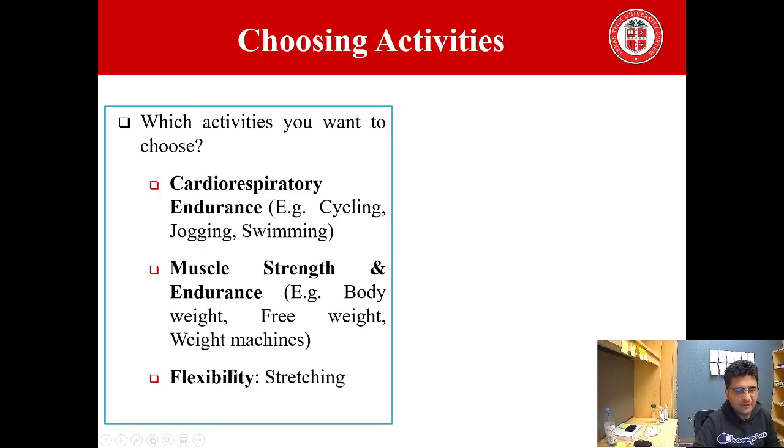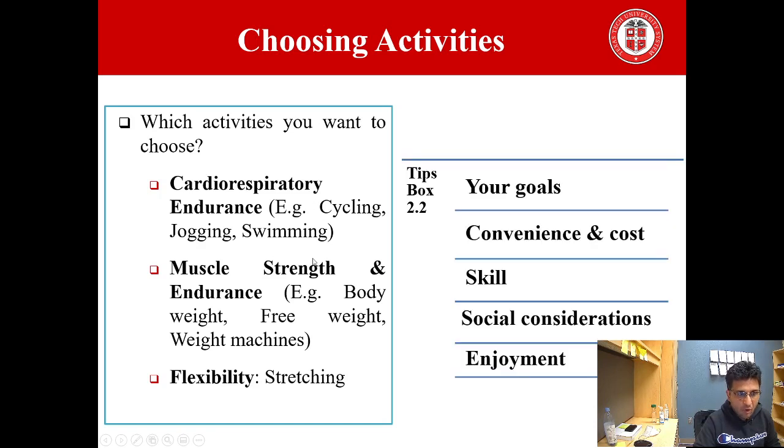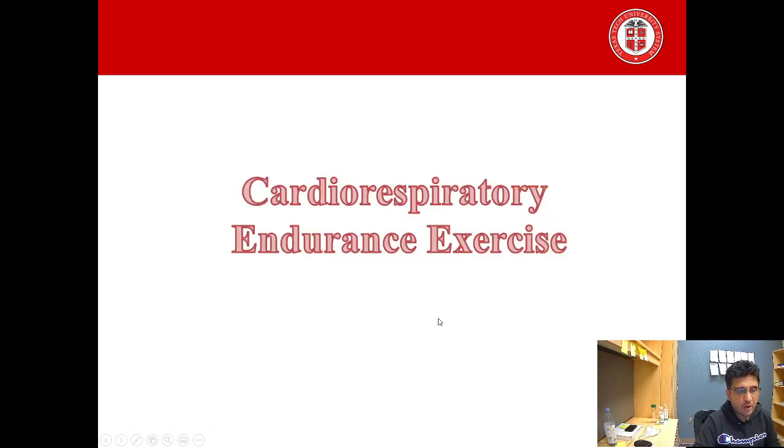And for flexibility, you can do stretching, yoga and all sorts of things which involve stretching of our body. All these factors depend upon the specific goals of the individual, the convenience and the cost, and these other considerations are important to make sure that the program will last long.